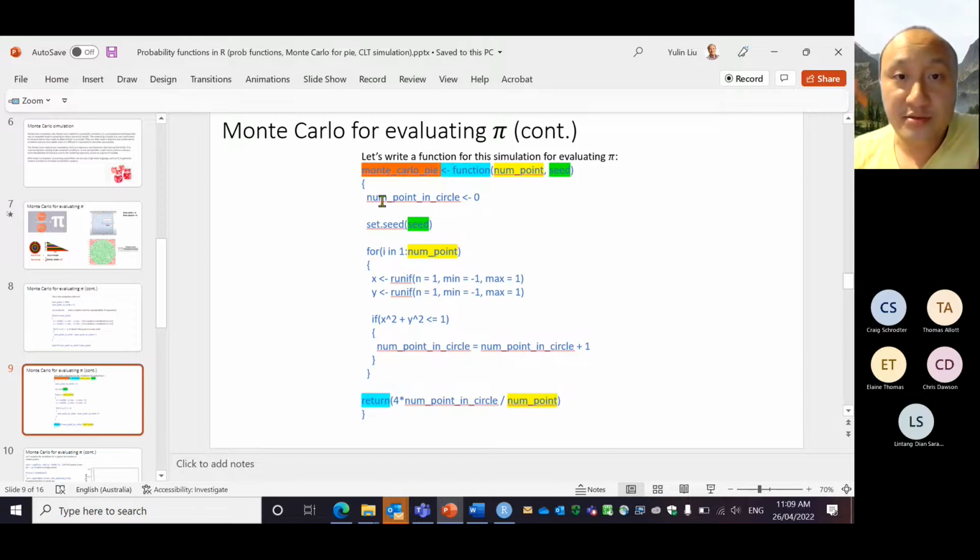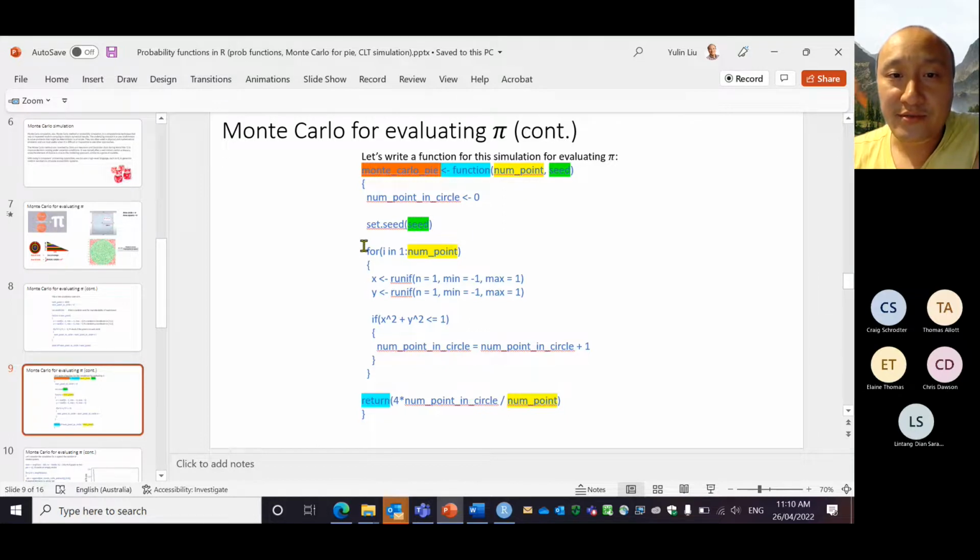And then in this function, initially, again, I'm going to set the number in circle to 0, and then I will take the random seed from the input. If I put in 1, 2, 3 here, the random seed will be 1, 2, 3. And then I'm going to use the for loop from 1 to the number of points you input in the function.